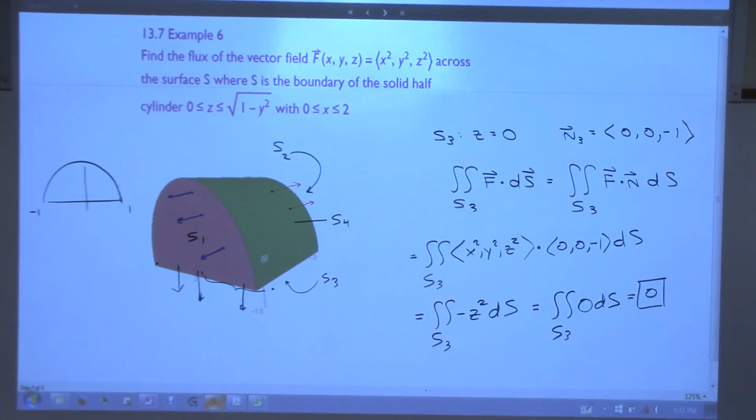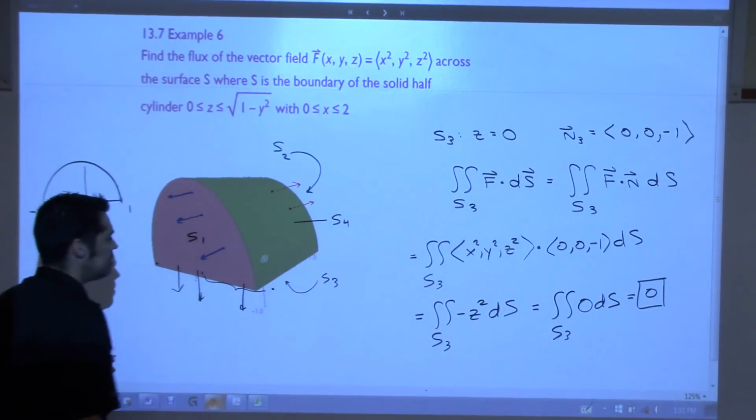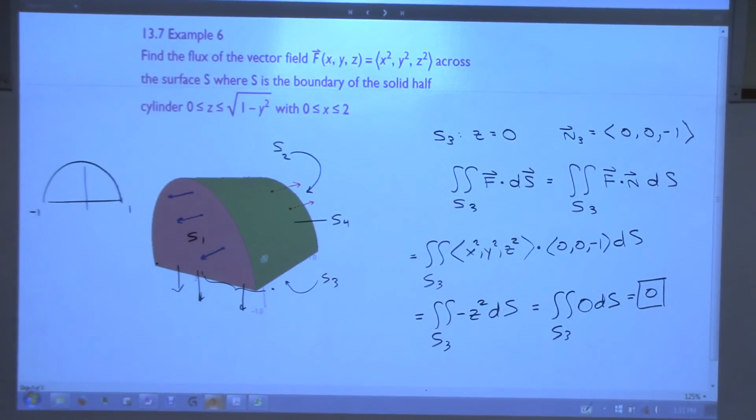Yes? If we had needed a negative vector on the y-axis, would it be positive if it's negative j? Wait, say again. If we needed what? A negative vector on the y-axis. So since you use j, it would be negative j.